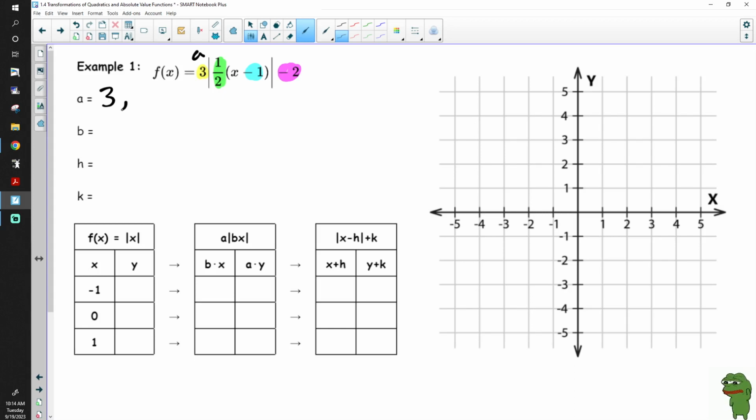If A is negative, it would reflect. Which one is it? Greater than 1. So this will vertically stretch. That 3 floating out in front of our absolute value will vertically stretch.